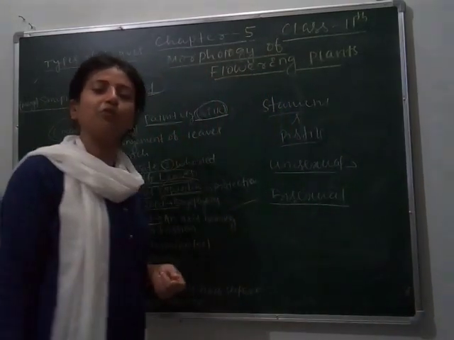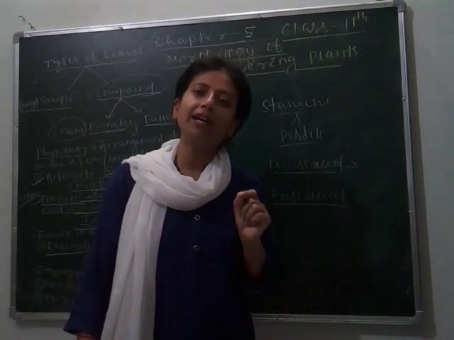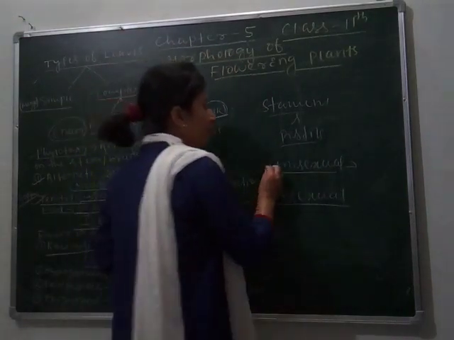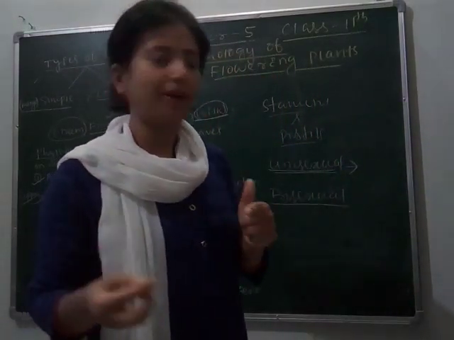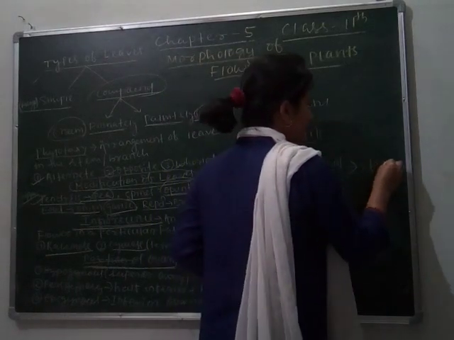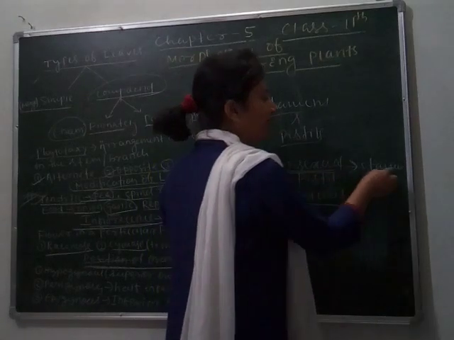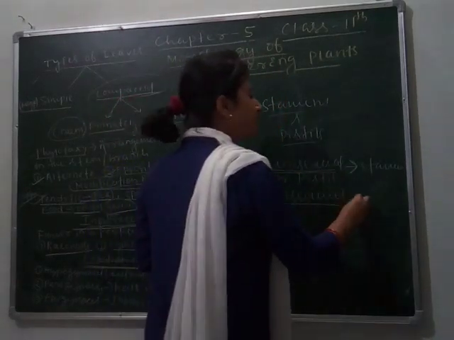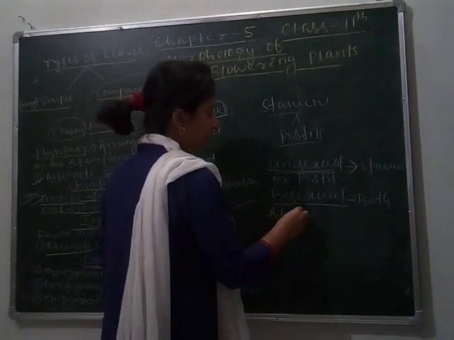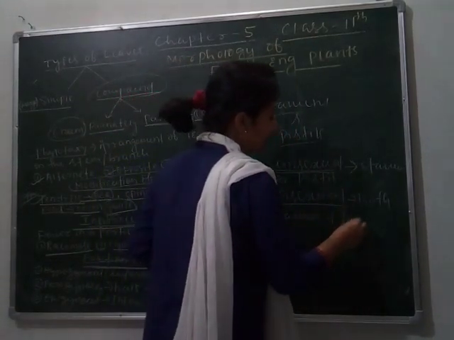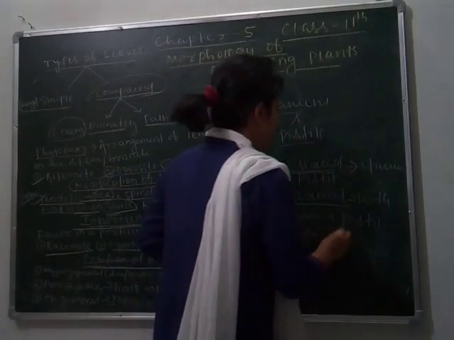A flower is said to be unisexual when it contains either the male part or the female part, meaning either stamen or pistil, any one of the male or female parts. And in the case of bisexual, both stamen and pistil are present.